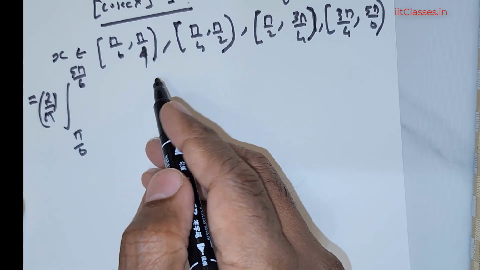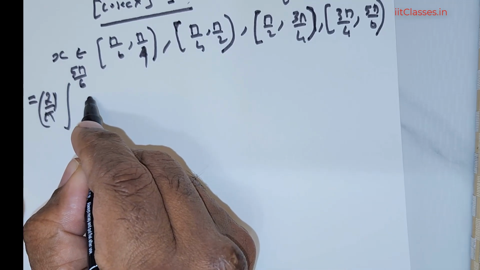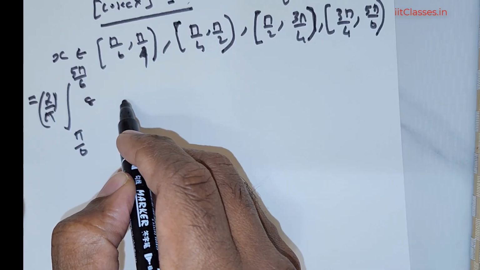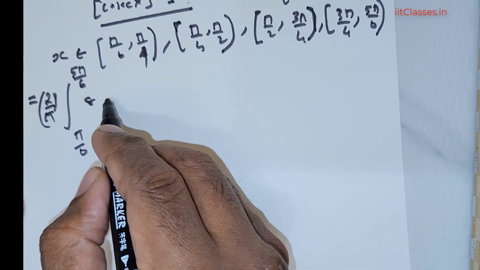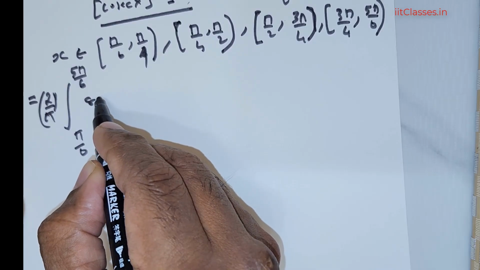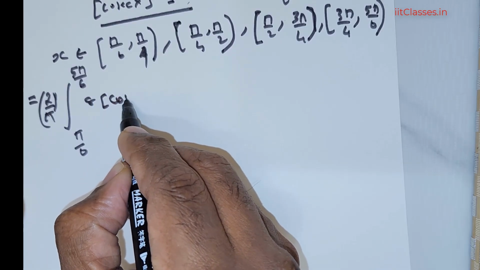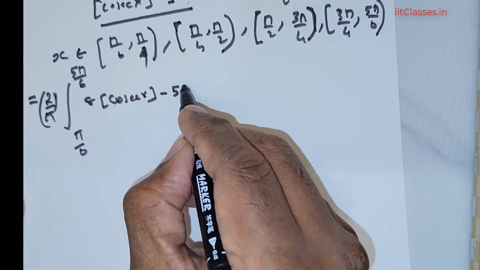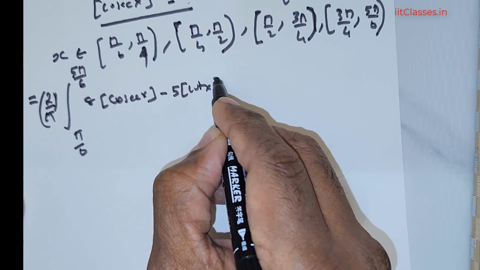Let me just split the interval and write it first. So this is 8 times the greatest integer of cosecant x, minus 5 times the greatest integer of cot x.